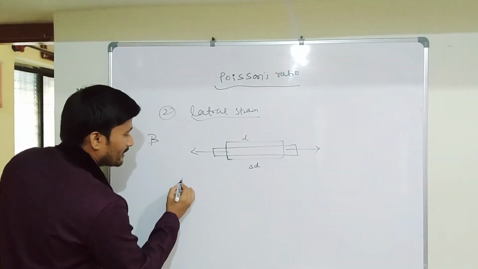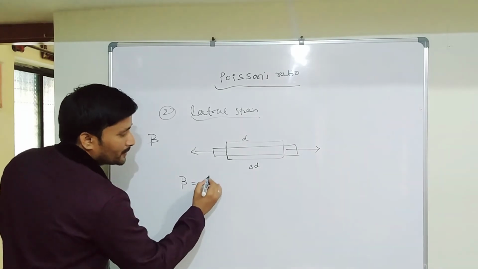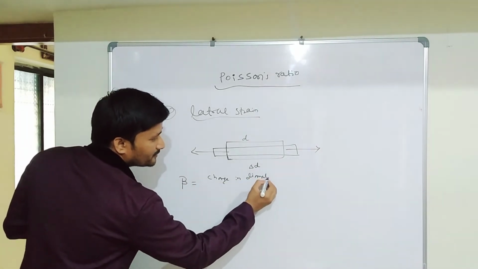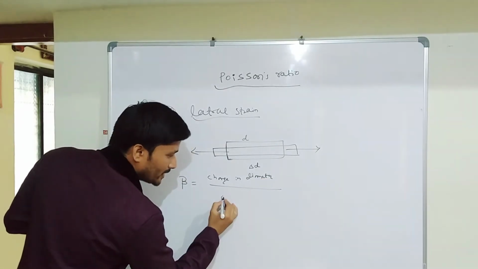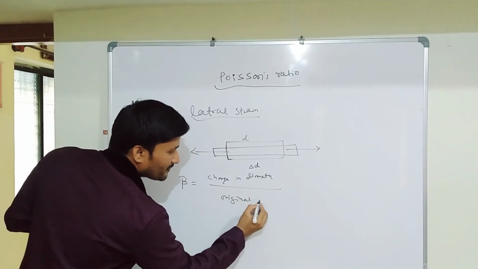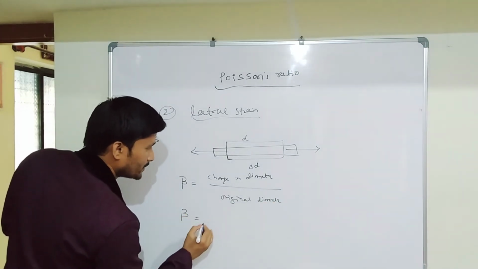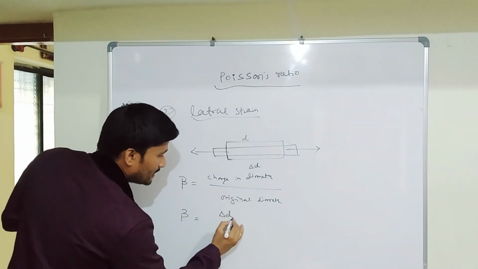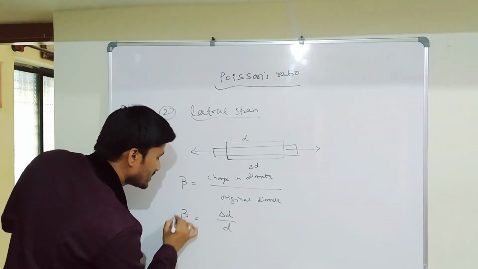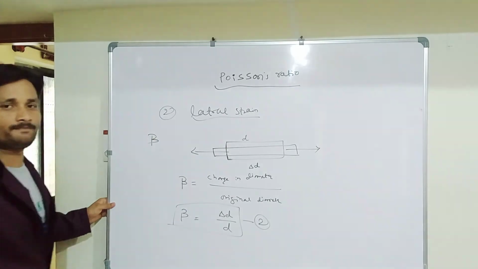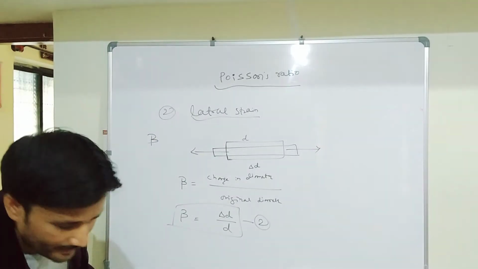So I can write that beta is equal to change in diameter divided by its original diameter. Okay, so beta is equal to delta D by D. This is equation number 2.